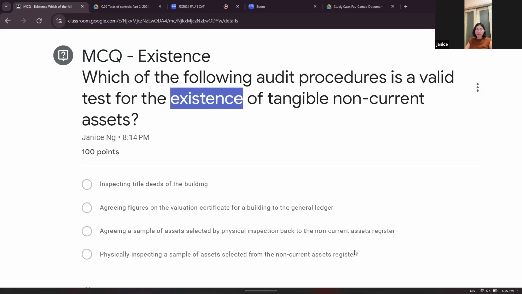So which one is the correct answer here? A, B, C, or D? What do you guys think?